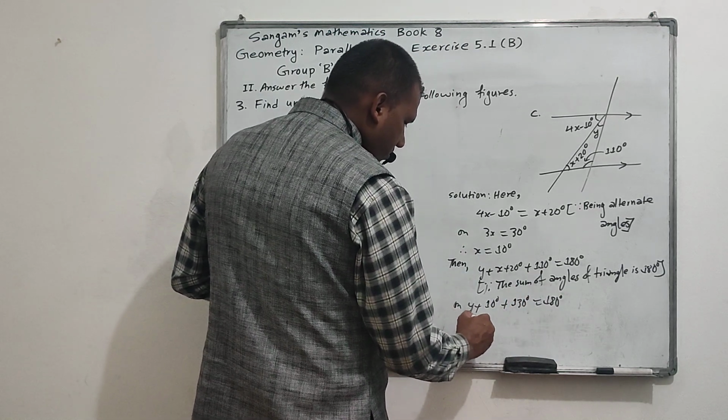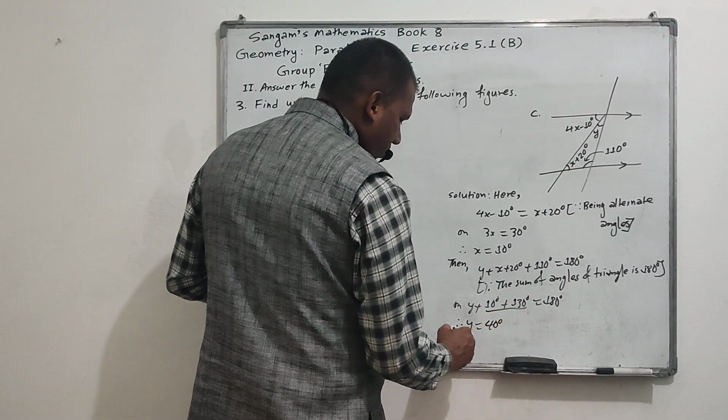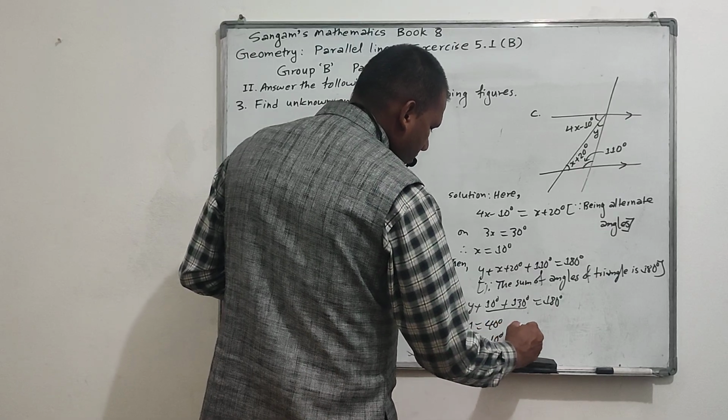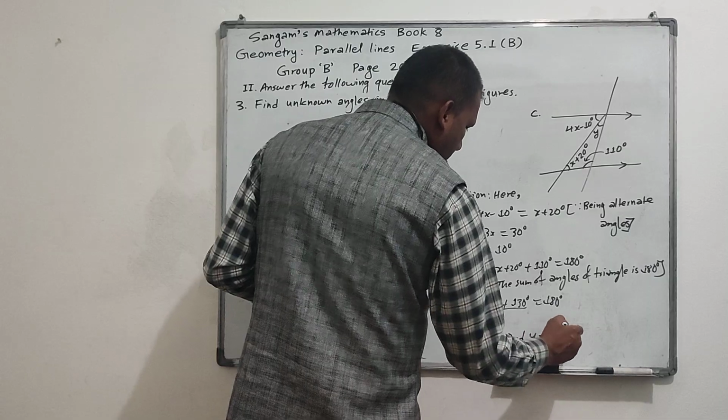Therefore y equals 180 minus 140, that is 40 degrees. So x equals 10 degrees and y equals 40 degrees. This is the answer.